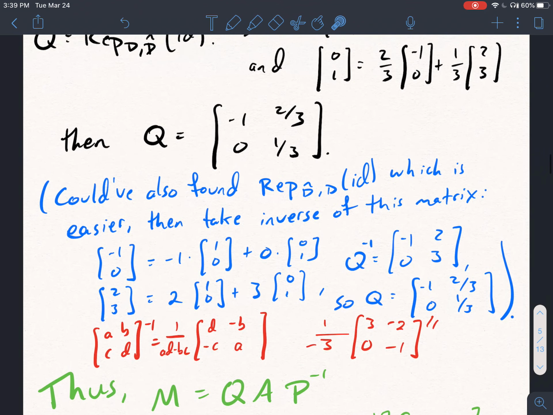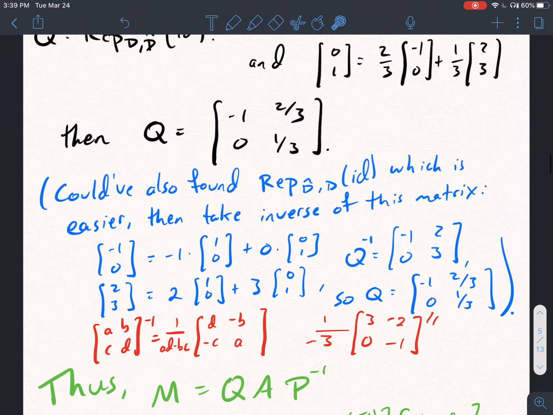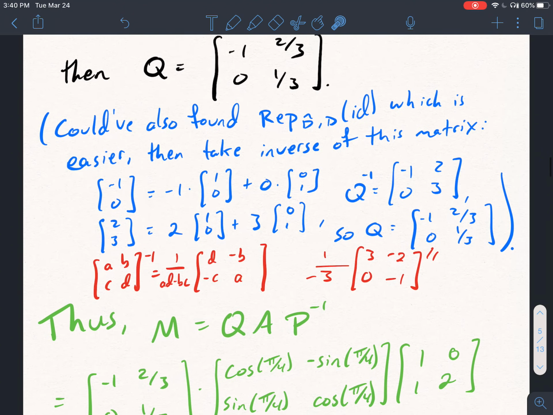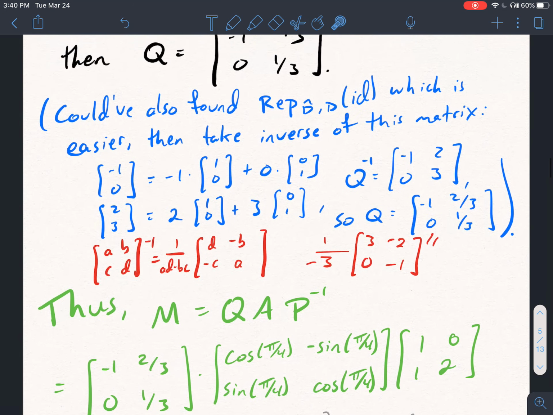Great. So anyway, we found what Q is, we found what P inverse was, and we already know what A is. Using that diagram before, we can just say that A multiplied by Q on the left and P inverse on the right gives us our representation of F with respect to B hat and D hat. So this is equal to this product.